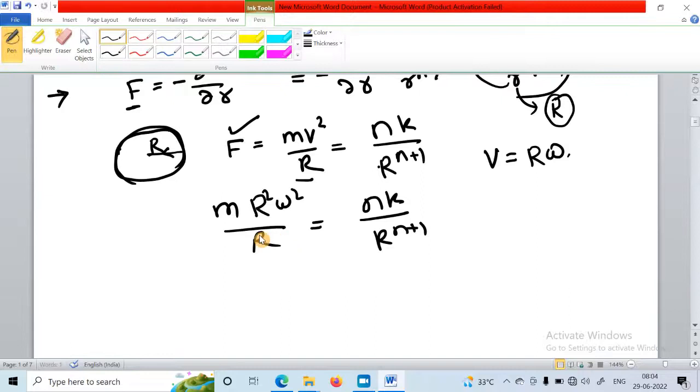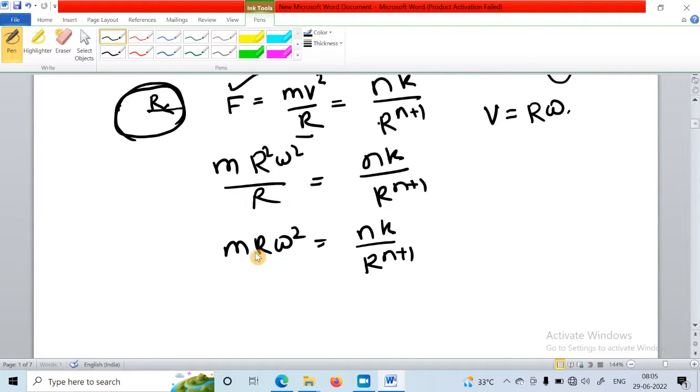Now simplify this. R will cancel out, so this will be m R omega square equal to n k by R to the power n plus 1. I keep omega square on one side and take all the other terms to the other side.